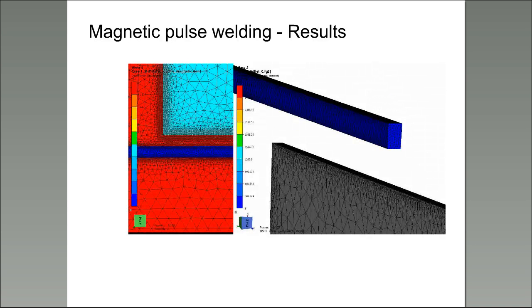Here you have a view of a welding application in which a part is going to be magnetically pulsed toward the other part, and this is going to make the welding.